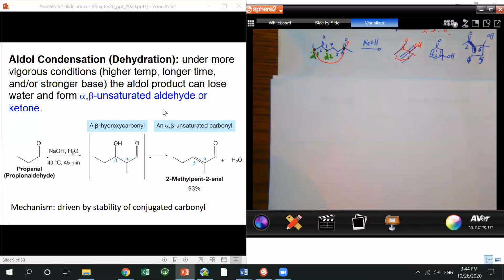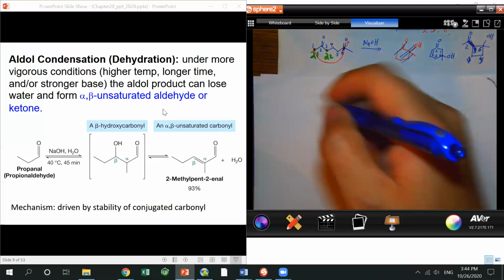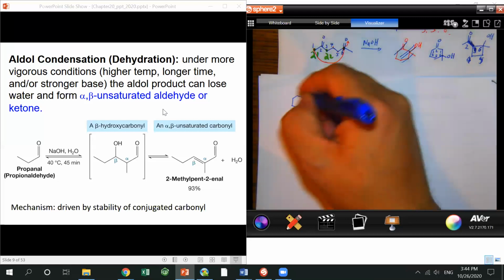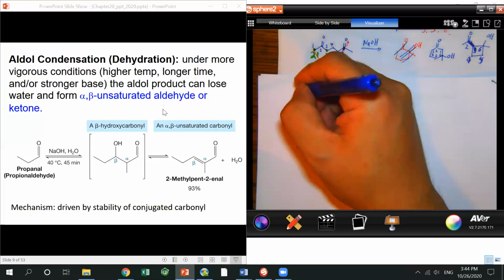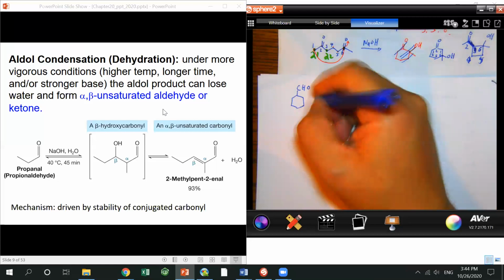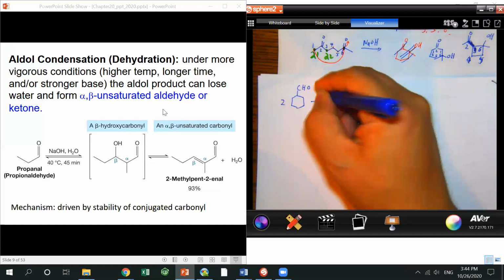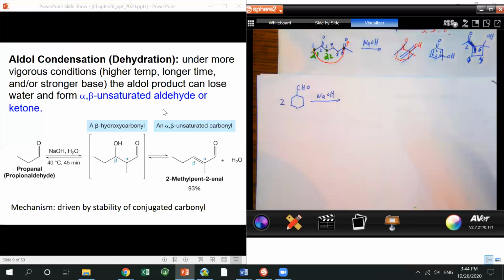Like I said, for this chapter we'll do a lot of practice. So now you guys try to work on this reaction. We have a cyclic aldehyde. Try to draw the product for this starting material.